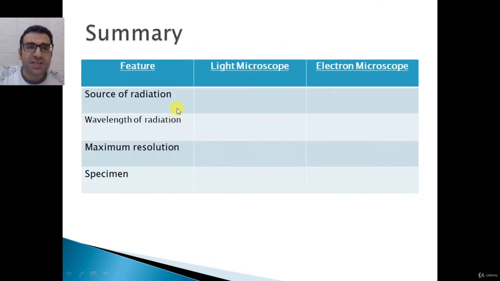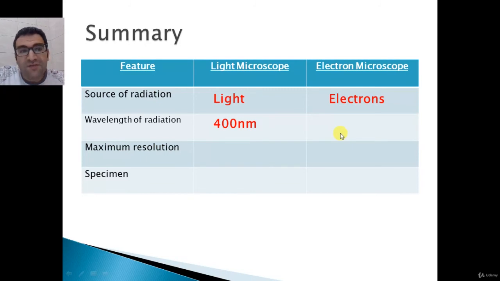Now, let's summarize everything in this lecture. We are comparing the light microscope and the electron microscope. The source of radiation was light in the light microscope, and here it was electrons. The wavelength of light is 400 nanometers. However, the electrons have a very short wavelength, equal to 0.005 nanometers. The maximum resolution is 200 nanometers.